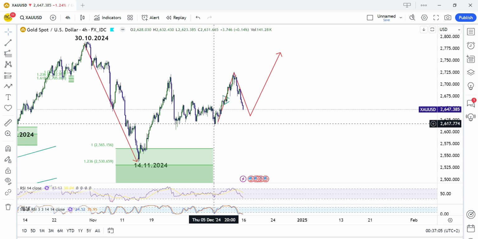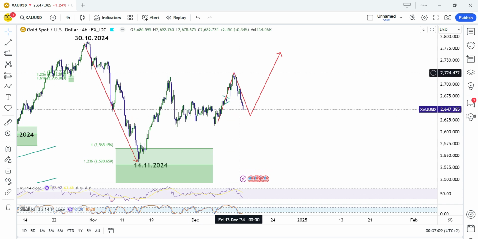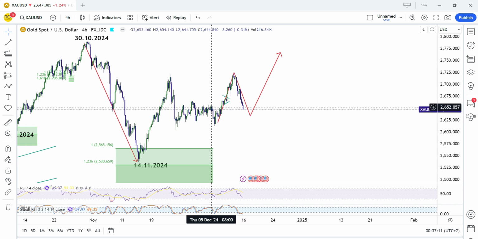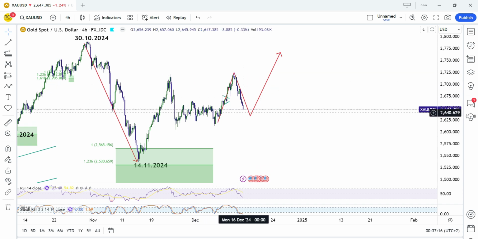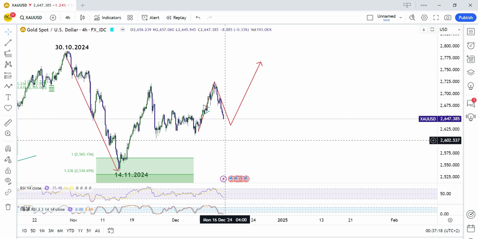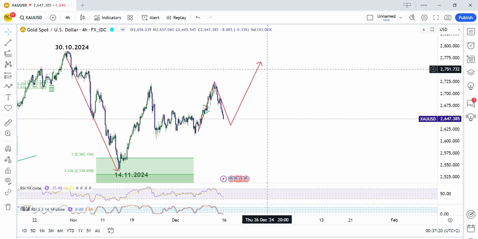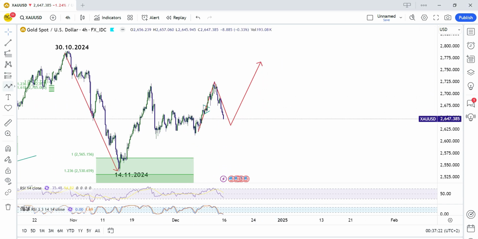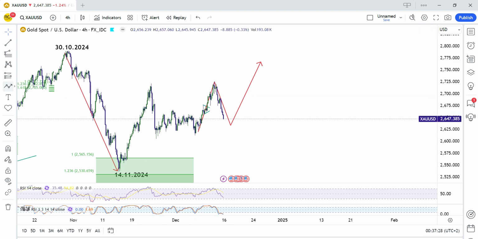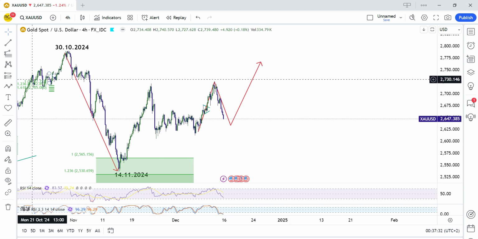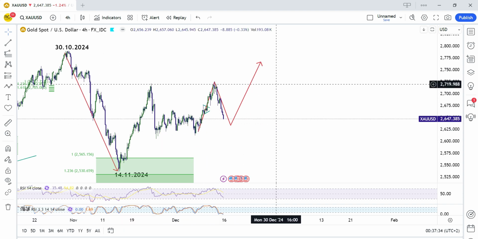The market moved from the 2620 area to the 2724, and then the market provided us with another decline and corrective structure right here. So overall the market is choppy and moving to the upside still, so our bias remains to the upside in gold, which we are expecting to see soon to find the support for this move to the upside. So this is what we are looking for in gold.